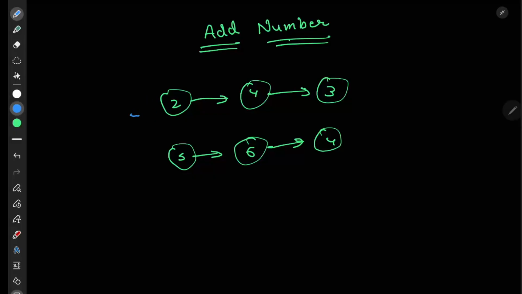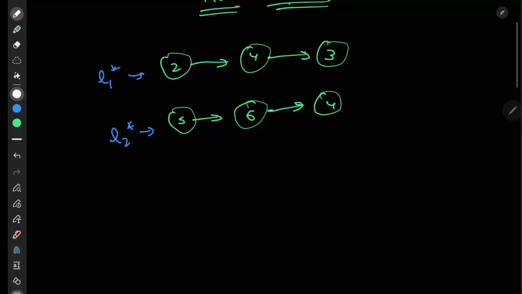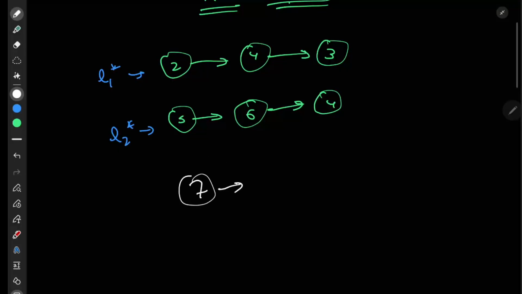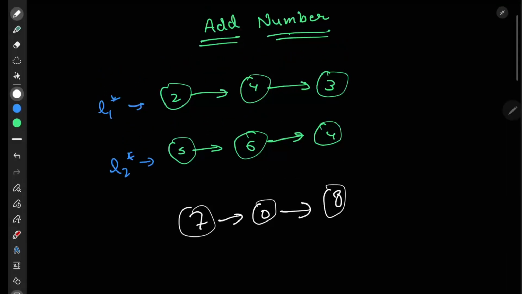So we can call this pointer L1, and the second pointer in the problem is L2. And so the answer of this particular problem is 7, 0, 8, which is the sum of individual nodes, right?